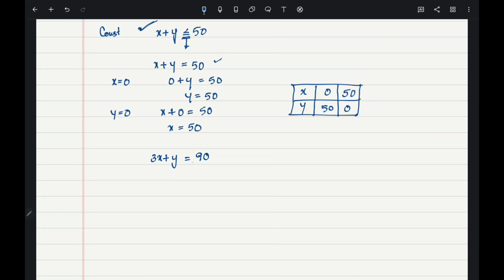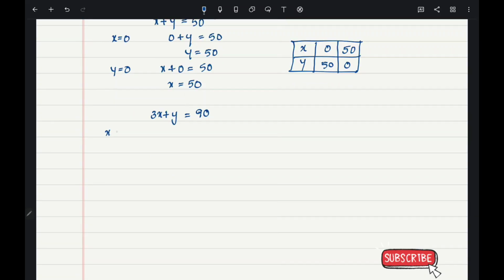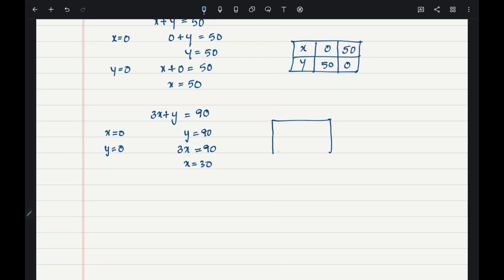That is 3x plus y. I have converted the inequality into an equality symbol. Give x is equal to 0, you will get the value of y as 90. If I give y is equal to 0, we will get 3x is equal to 90 and x is equal to 30. So we will get points x and y such that if x is equal to 0, then y is 90, and if y is equal to 0, then x value is 30.